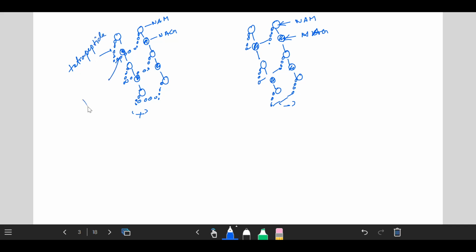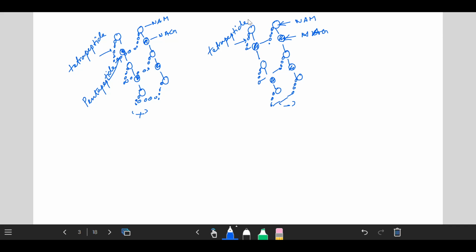That is pentapeptide. It means in gram-negative bacteria, pentapeptide is absent. In gram-positive bacteria, pentapeptide is present.